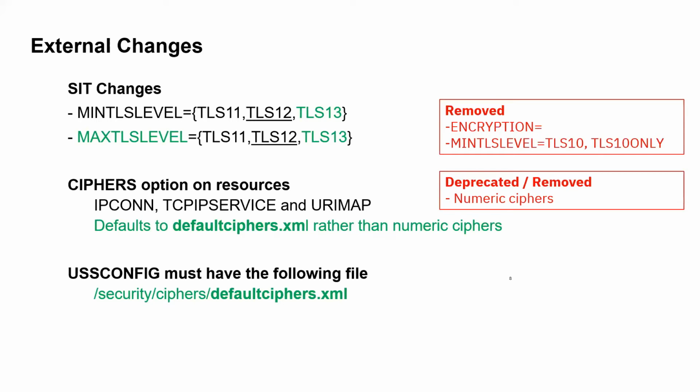And so back in 5.2, we introduced XML cipher files to put your ciphers in. This was an easier way of configuring things because if you needed to make a change, they're all in just one XML file. But with the new 1.3 level, we're going to have to deprecate the numeric ciphers.